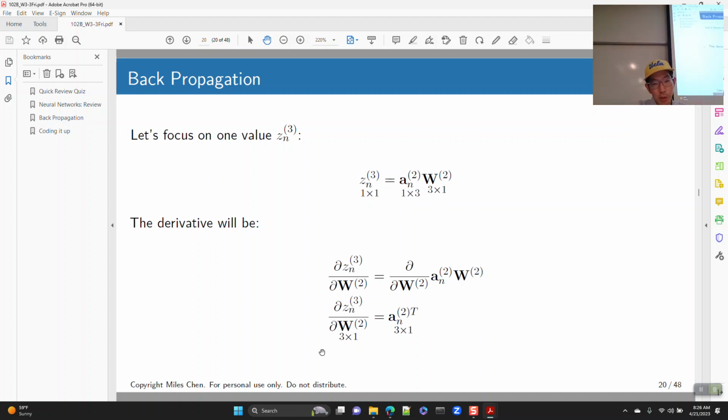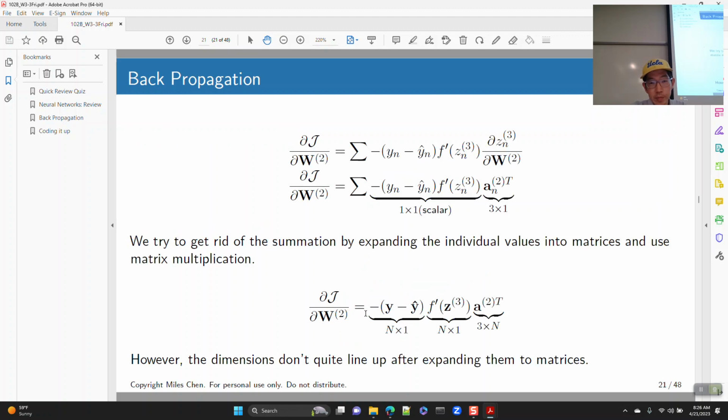So if W2 is 3 by 1, the resulting gradient of this 1 by 1 with respect to W2 also has to be a 3 by 1. Okay, and so if we do this, we're going to get A n. If I don't transpose it, this will be 1 by 3. So I need to transpose. So we're going to get 3 by 1 here. Okay, so this is our result here.